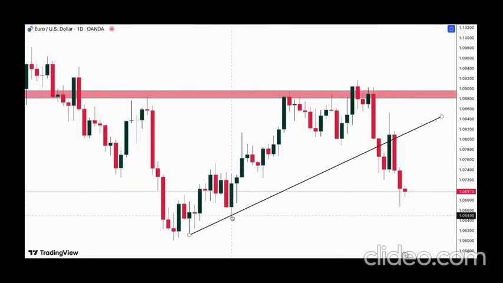So as you can see here, guys, this trend line connected 2 points, and the market managed to break it, came to retest here in one time frame, and then in daily time frame, and then the market dropped.